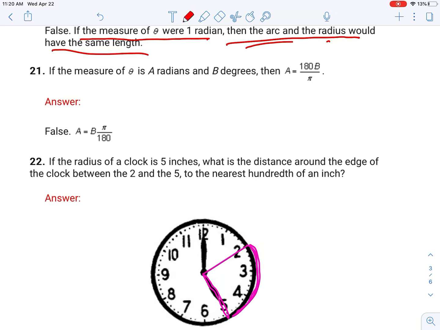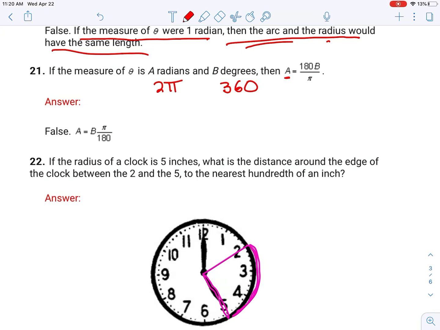Let's pretend that I have something that's 2 pi. What's 2 pi radians in degrees? It's 360, right? And we want to have something that is equal to a.